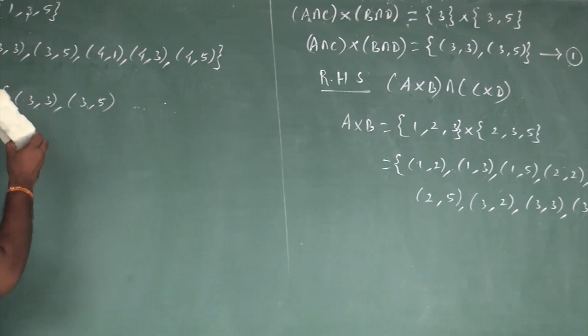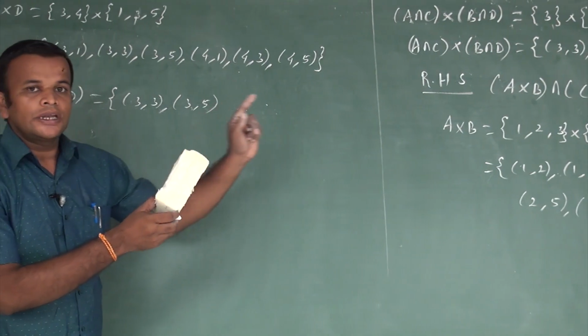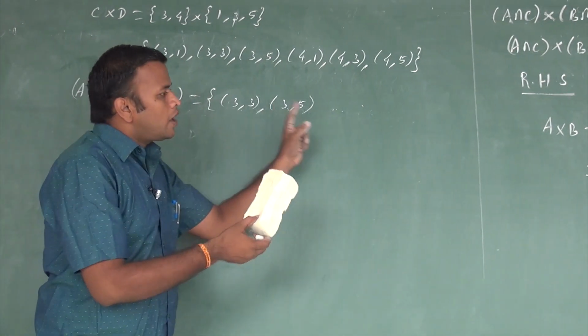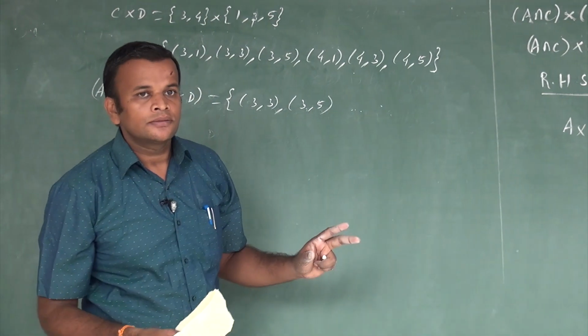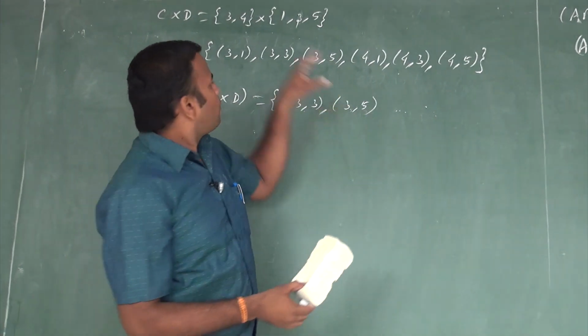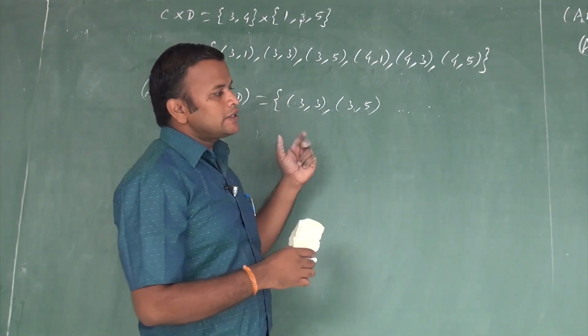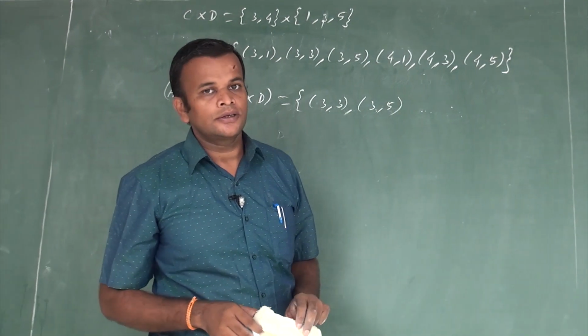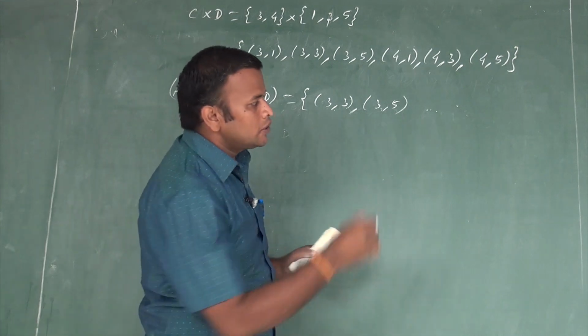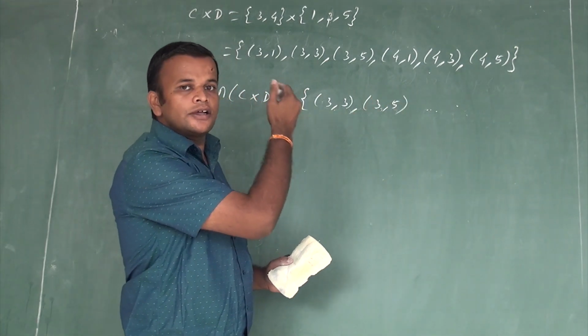So we need only the common elements. In A cross B and C cross D, these 2 ordered pairs are common, and all the remaining ordered pairs lie in one Cartesian product but not in the other. So only these 2 ordered pairs are common in both A cross B and C cross D.